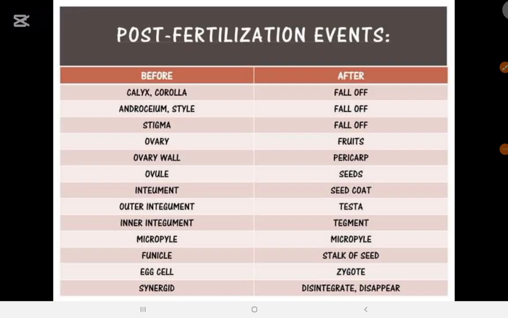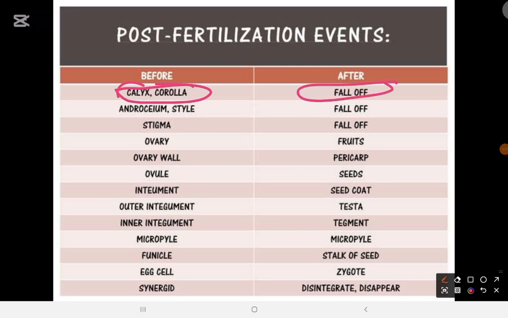So now we have the post-fertilization events. The calyx and corolla are available before fertilization, but after fertilization they fall off. The calyx is the sepals, and the corolla is the group of petals. I covered other terms in that 88 terms video, so make sure you see that video.